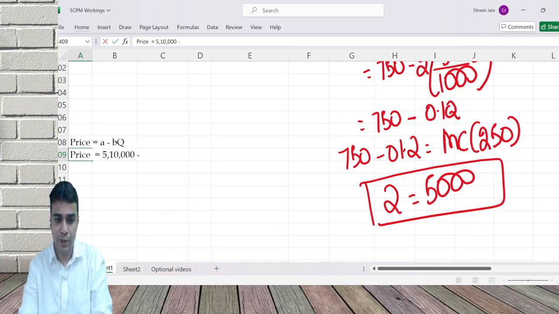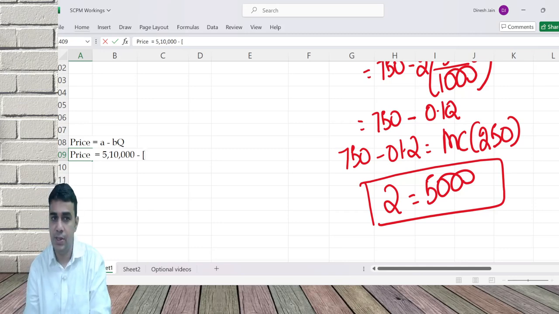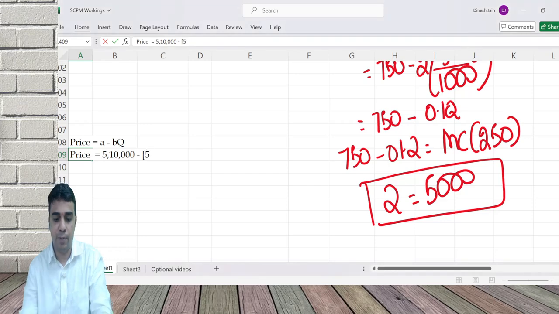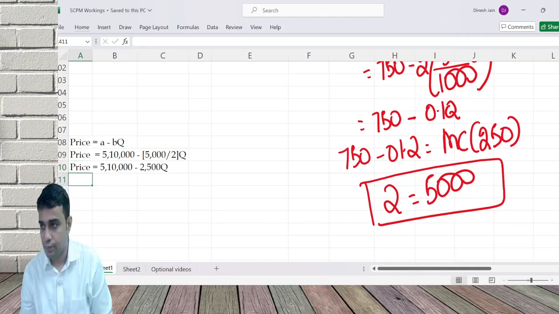Minus change in price by change in quantity. Quantity in the denominator, quantity in the numerator will get cancelled. That's the logic. What's the change in price given in the question? 5,000, and demand will change by how much? Simplified version, 5,10,000 minus 2,500 Q.